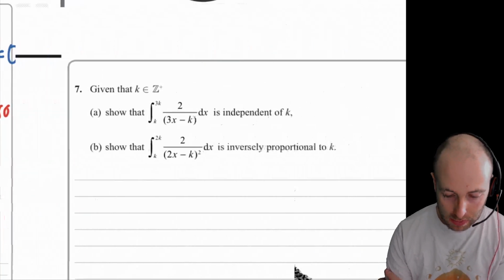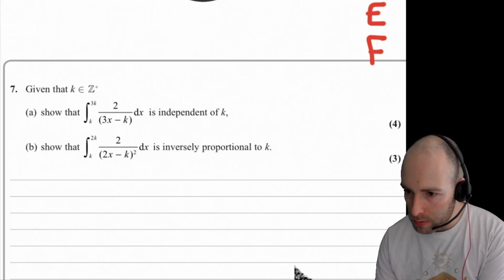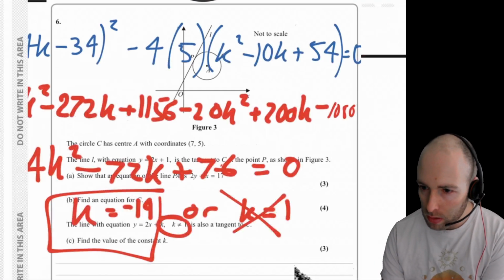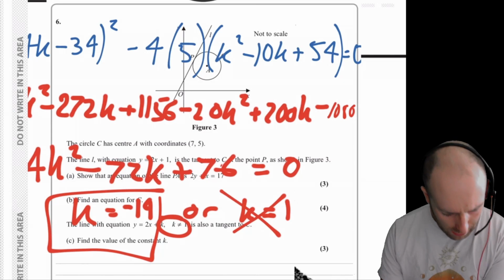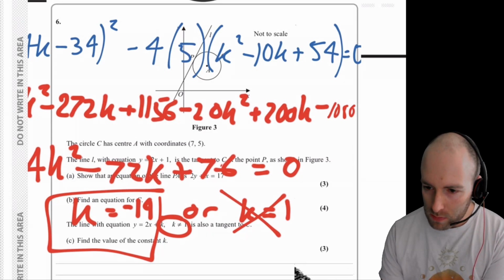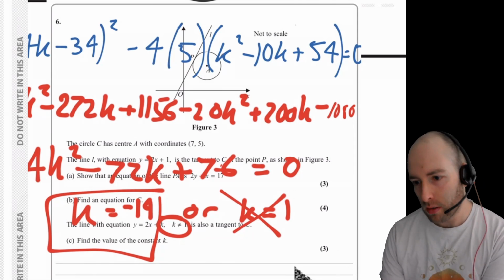We'll see what Dan says, but let's skip over. The part C, he used line PA. Okay, let's have a look at this. Use PA from part 1 and the equation for the circle, and you solve them simultaneously.